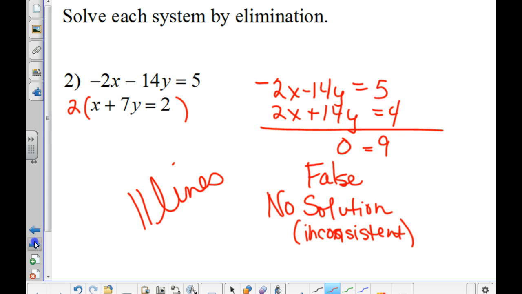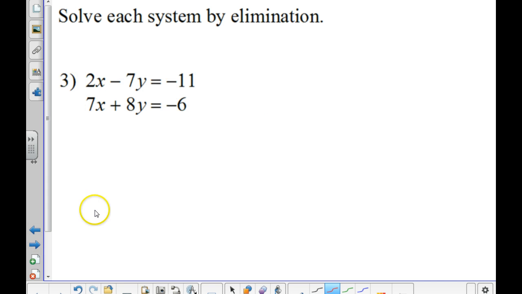I would skip number 3, except some of you maybe haven't done one for a while where you have to do what? Multiply both of them by something? What could we multiply the top one by? -2? What's that going to make drop out?